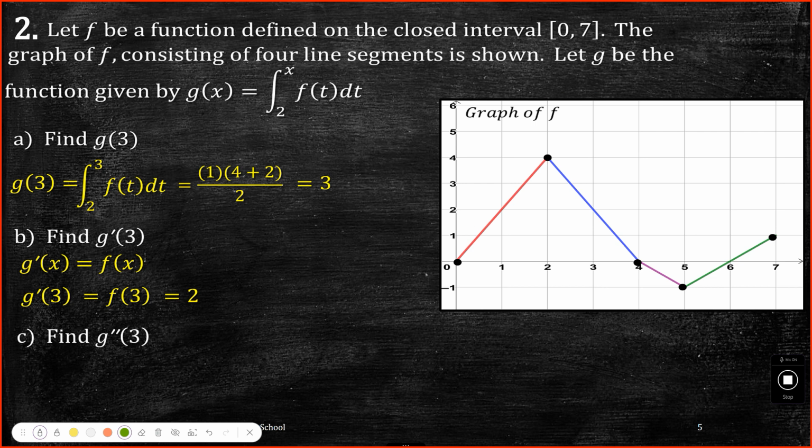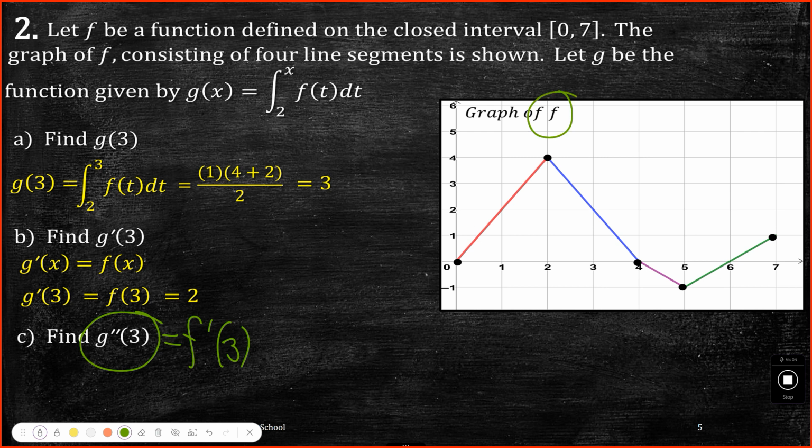What did we say G double prime means? G double prime of 3 would equal f prime at 3, no? And what does prime mean if you have f?